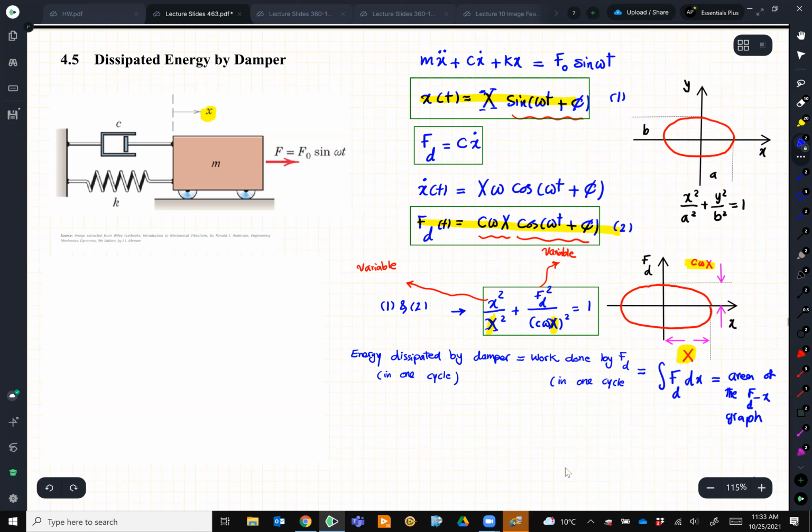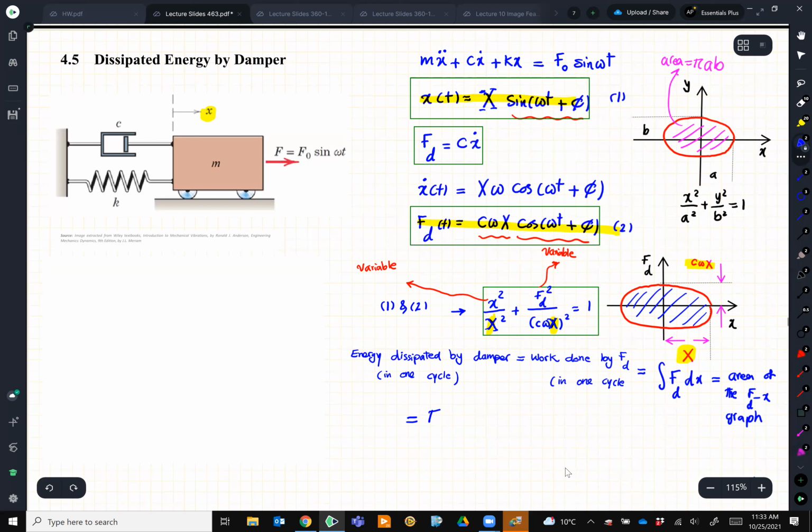This integral is equal to this area, and this area we know how much it is, right? For an ellipse, I write it down up here. For an ellipse, the area of the ellipse, who remembers the formula? It is pi AB, right?